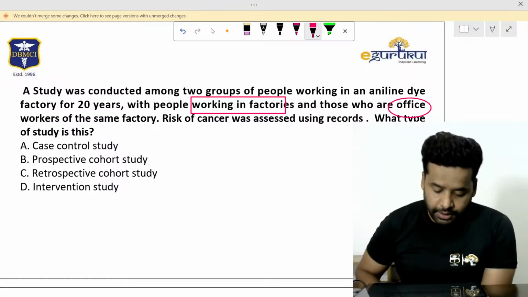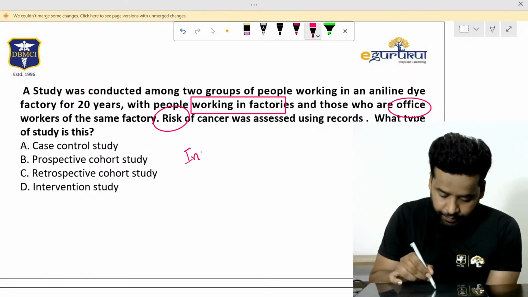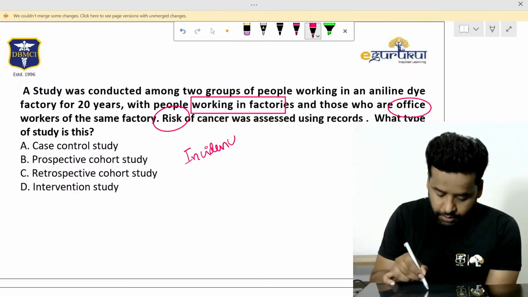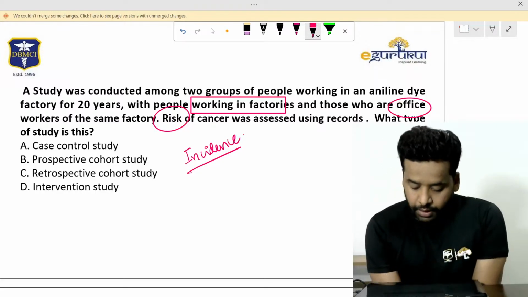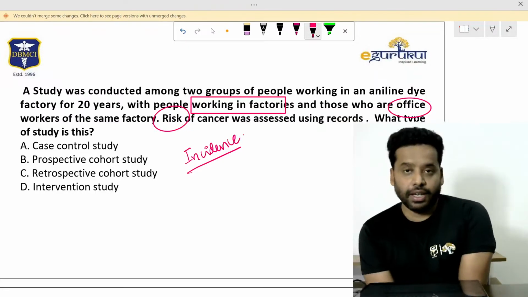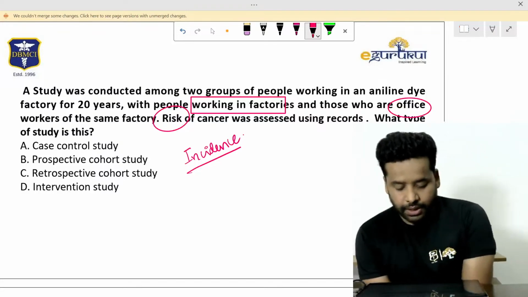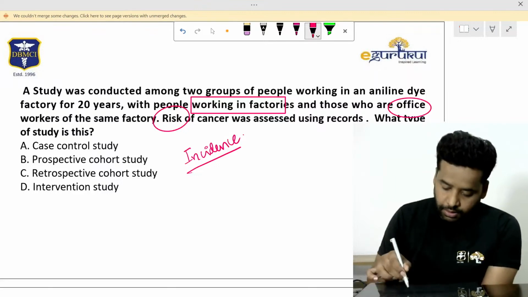The word risk is very important. When the word risk comes, it is incidence. What is one more noun for risk? It is incidence. The risk of developing cancer was assessed using existing records. So the word records will be there.